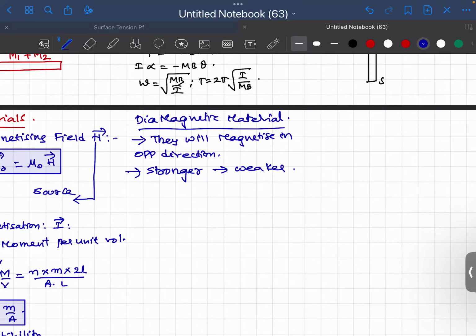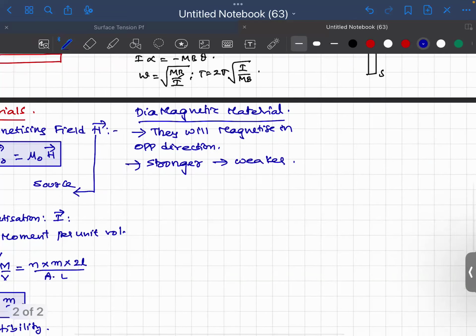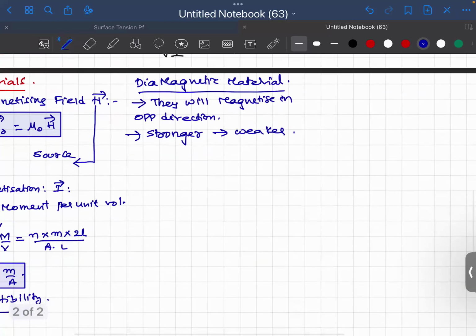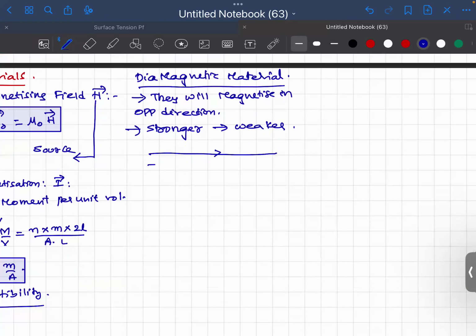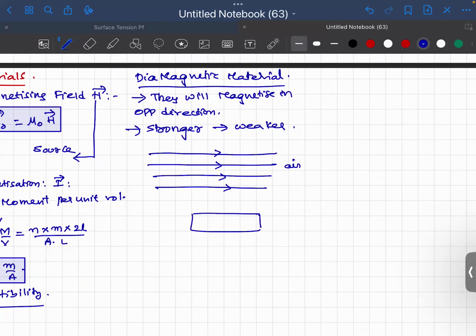Which means if you see normal magnetic field lines, say inside a solenoid with air as the material, and now you place a diamagnetic material inside, the lines will go like this.